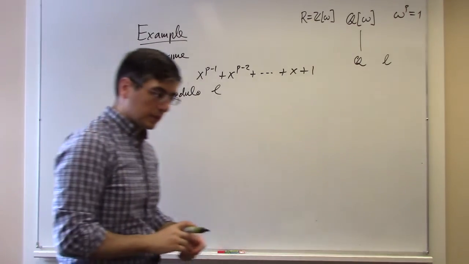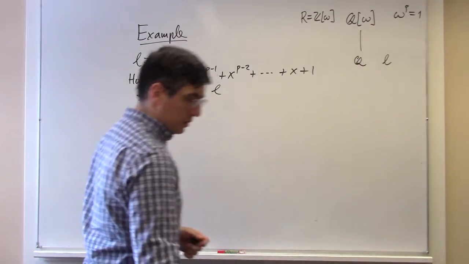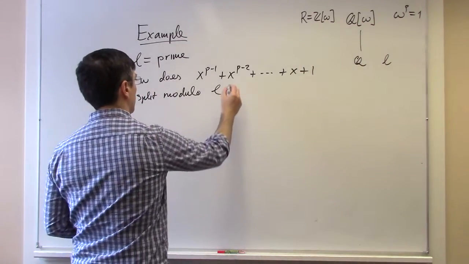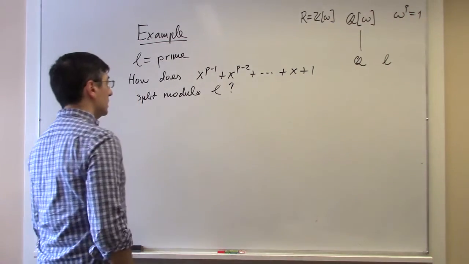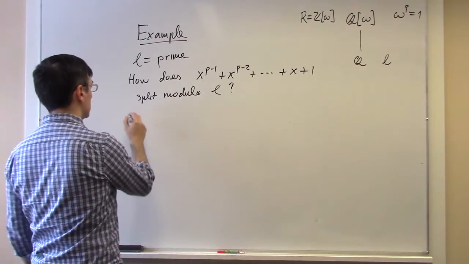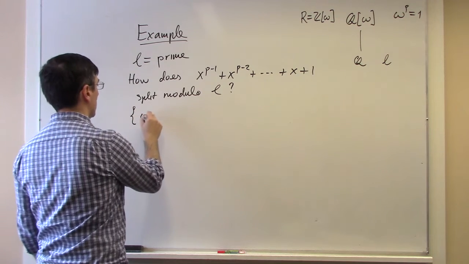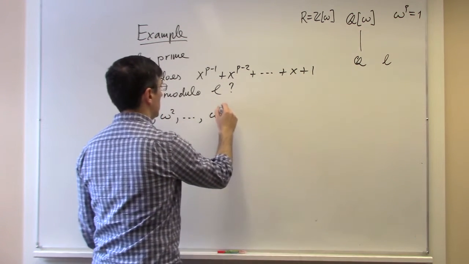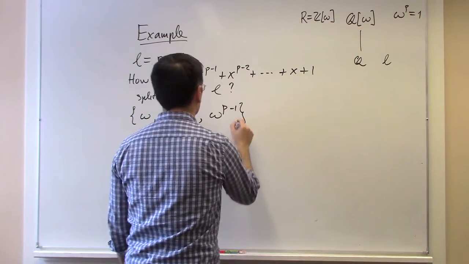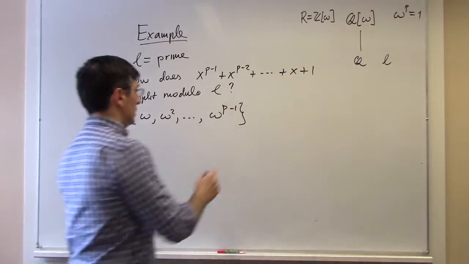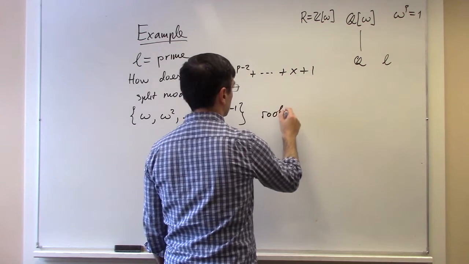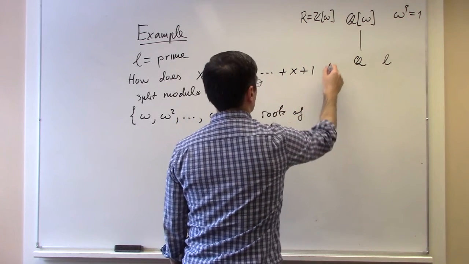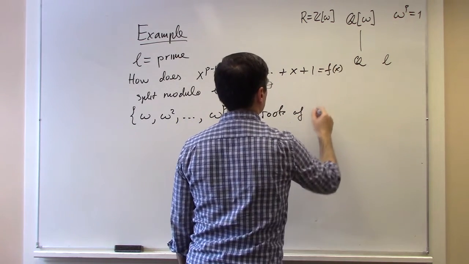So let's apply a little bit of Galois theory to this question. Now the roots of this f(x) are omega, omega squared, up to omega^(p-1).